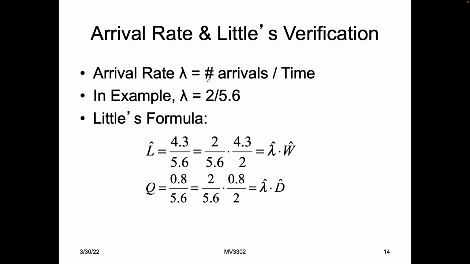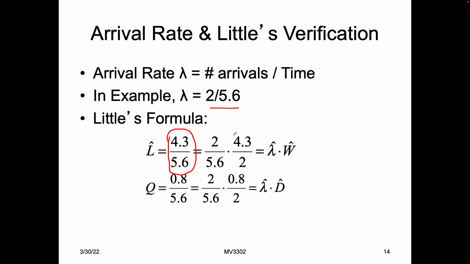So in a simulation model, the arrival rate is going to be the number of arrivals over time. In our example, we had 2 arrivals at time 5.6, and so our arrival rate was 2 over 5.6. Now, if you remember, our average number in the system was 4.3 over 5.6.